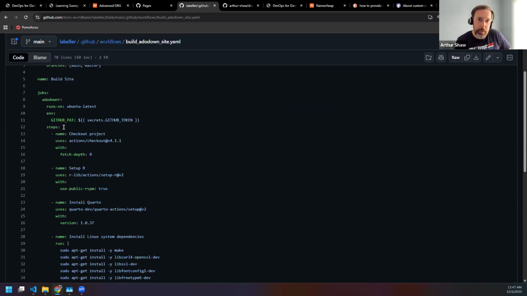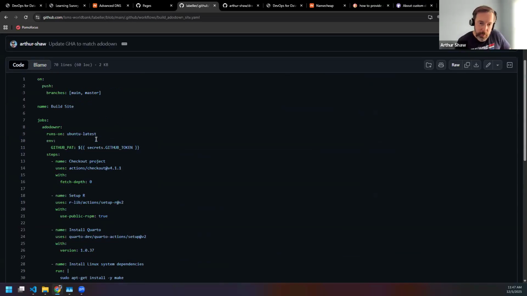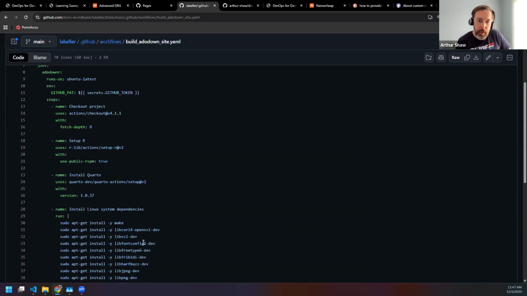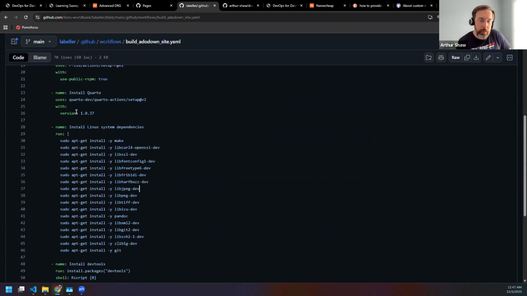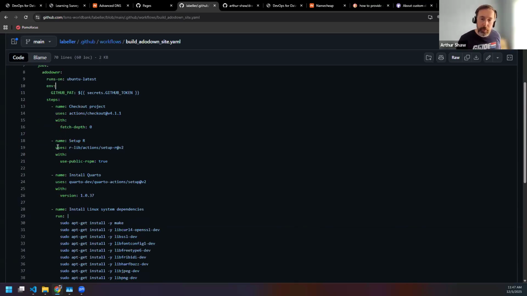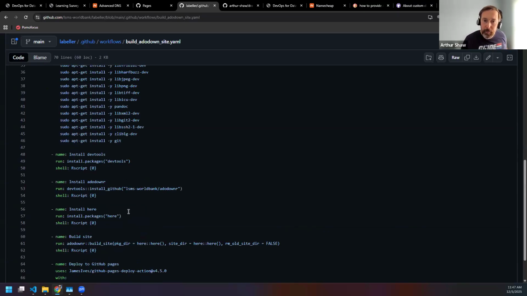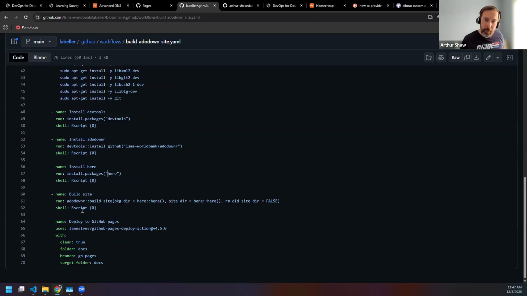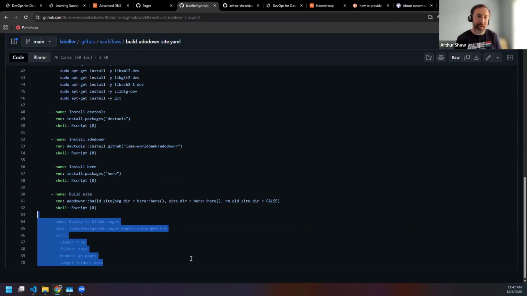There's a publish step as well, but then I'm also managing installing all of the system packages, because every time you use GitHub Actions, you're basically creating an ephemeral environment where you have an OS and you have to do all of the Linux administration, and then all of your little steps right here.